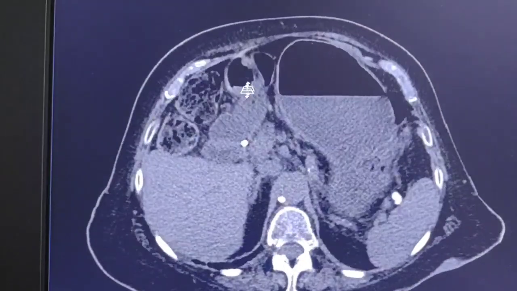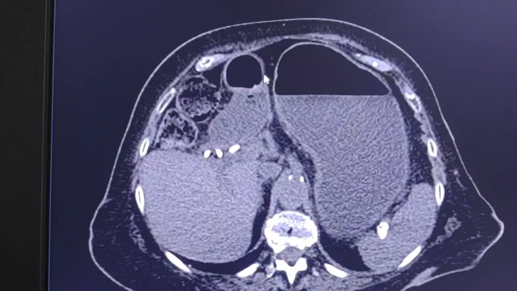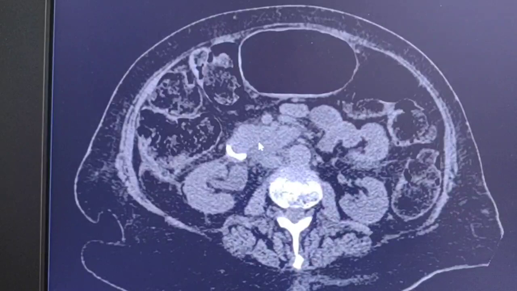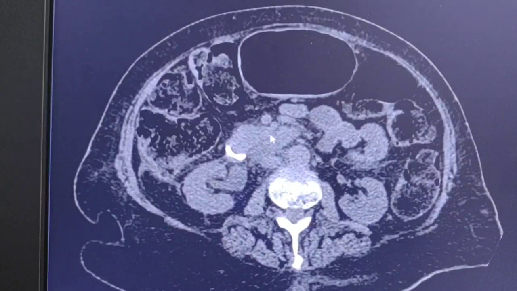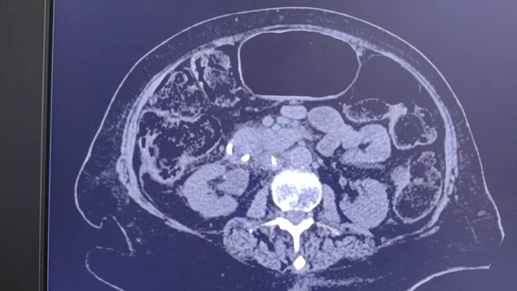So there is strong evidence that there is a degree of obstruction, gastric outflow compromise, probably due to luminal stenosis of the duodenum due to inflammatory changes.